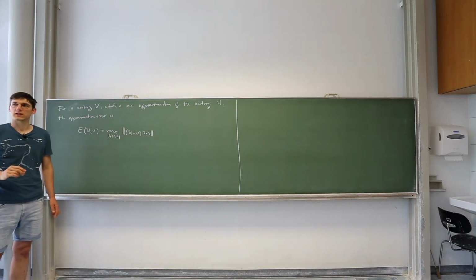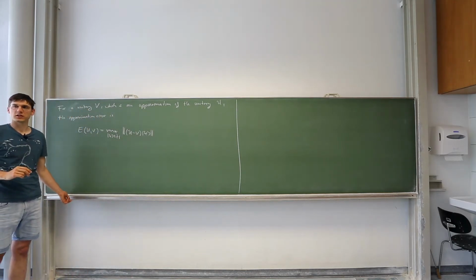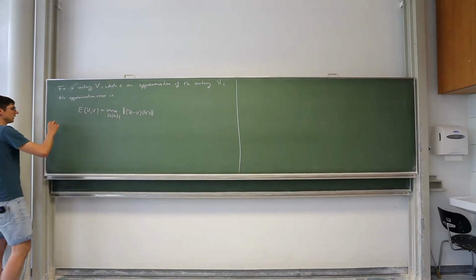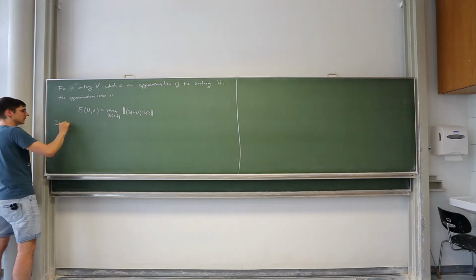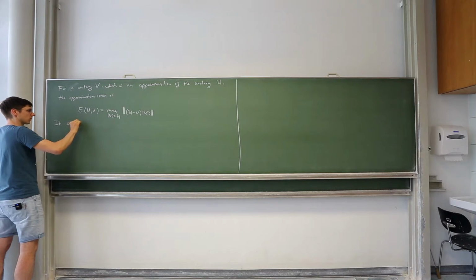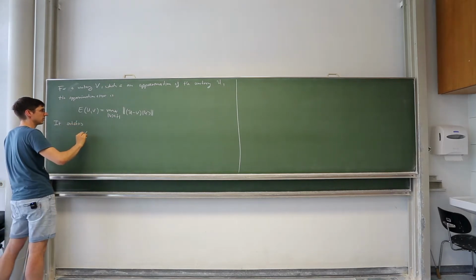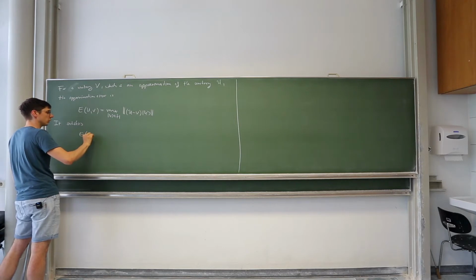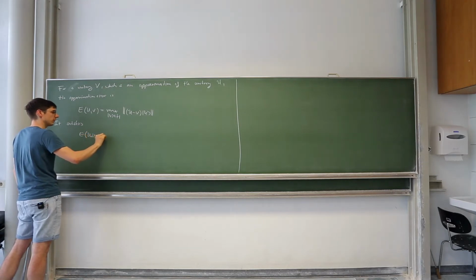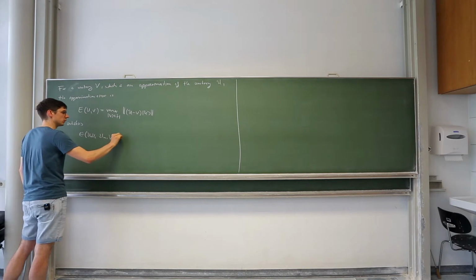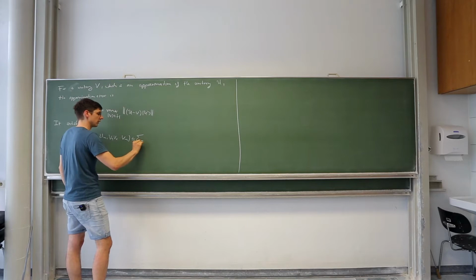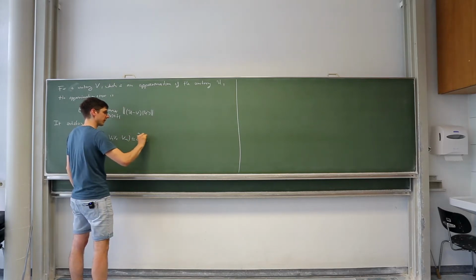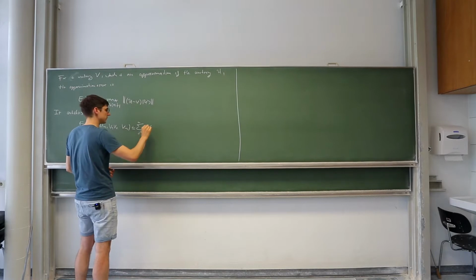So this was our definition of the approximation error, and then we proved one specific property which we're going to use today. It satisfies that if I have E of a product, say U1, U2 to UM, and V1, V2 to VM, then this is smaller or equal than the sum of the approximation errors of the individual terms.